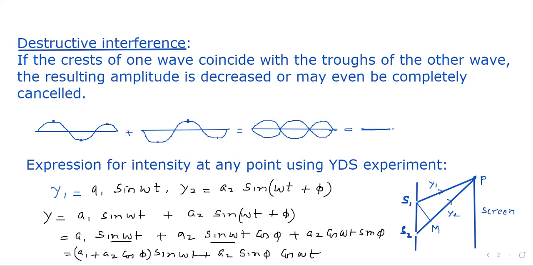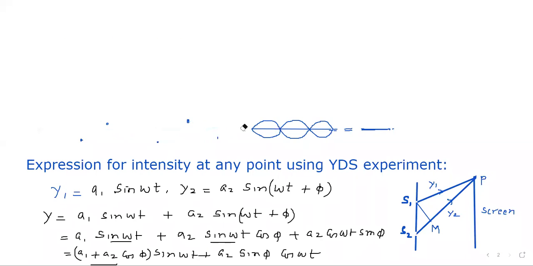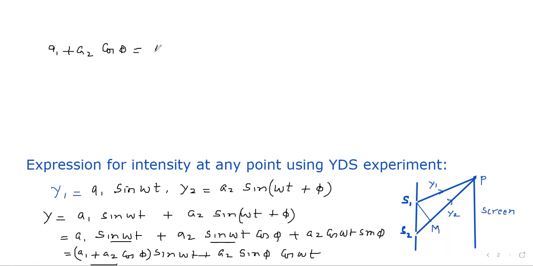Now we make certain assumptions. So we write A1 plus A2 cos phi equal to capital A cos theta, and A2 sine phi equal to capital A sine theta.